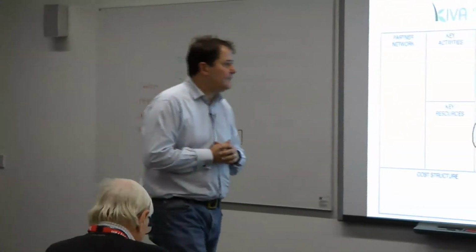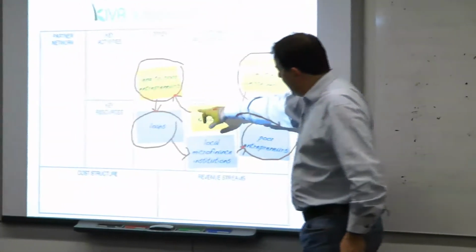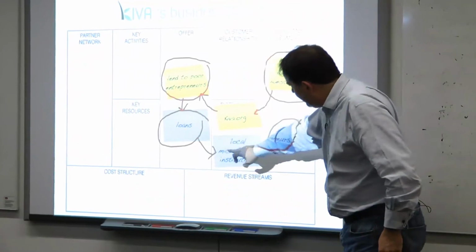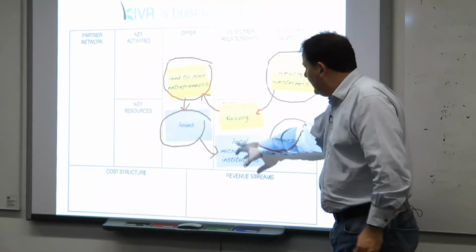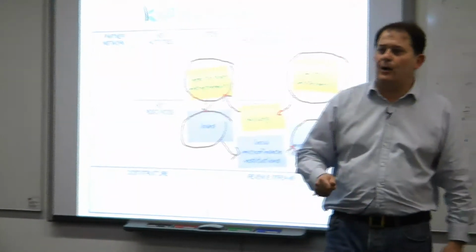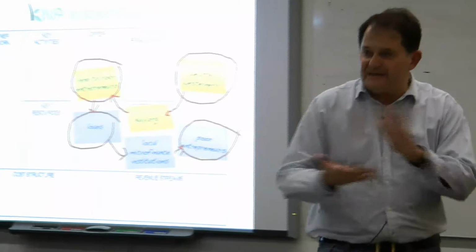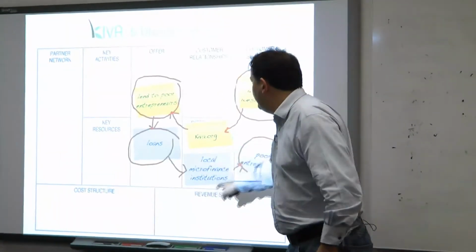Okay? So distribution channels, yes, on one side we've got a platform, the international online thing, but at the local level, the people that actually physically give the loans and do all the security, all the risk assessment, etc., are partners, which are local microfinance institutions.